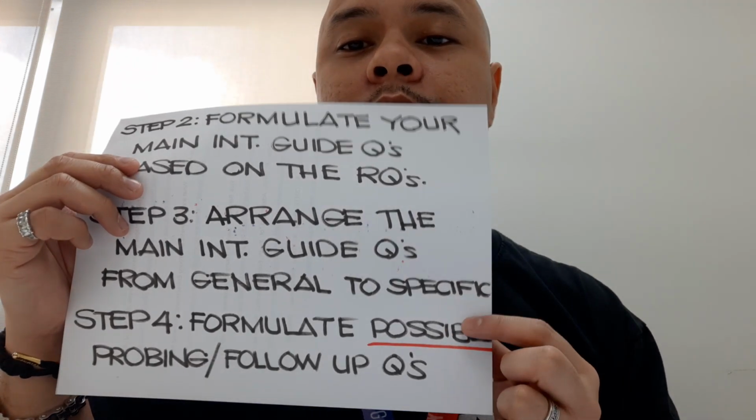Sir, why is possible underlined? It is underlined because, again, as I said, these probing questions are there just in case your participants do not give you a well-substantiated response. There are participants who are able to explain their thoughts, their experiences, their narrations in great detail.